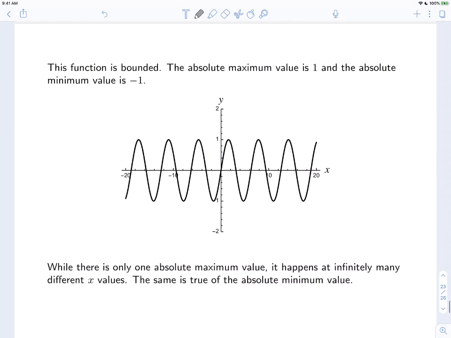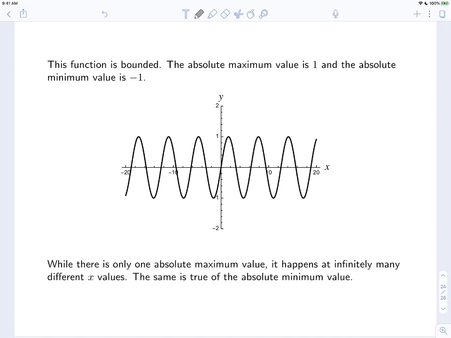Here's a function that has an absolute maximum value of 1 and an absolute minimum value of -1. You can see that all of these y values are the same. The maximum values are all 1, and the minimum values are -1. But each of those happens at many, many places, and in fact, this graph continues oscillating like this indefinitely.